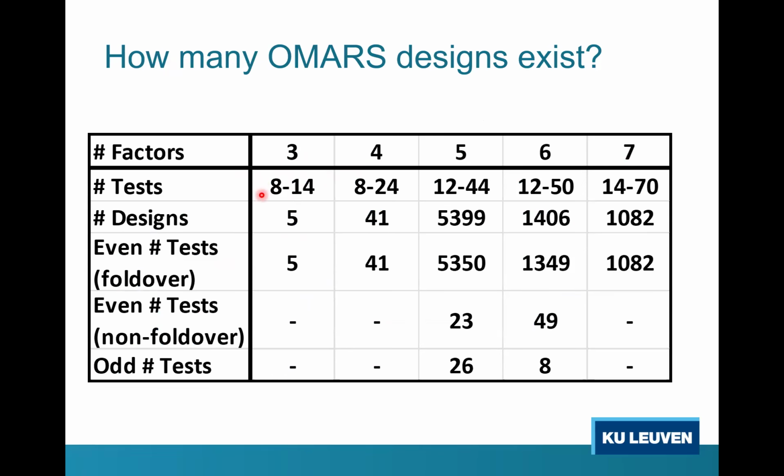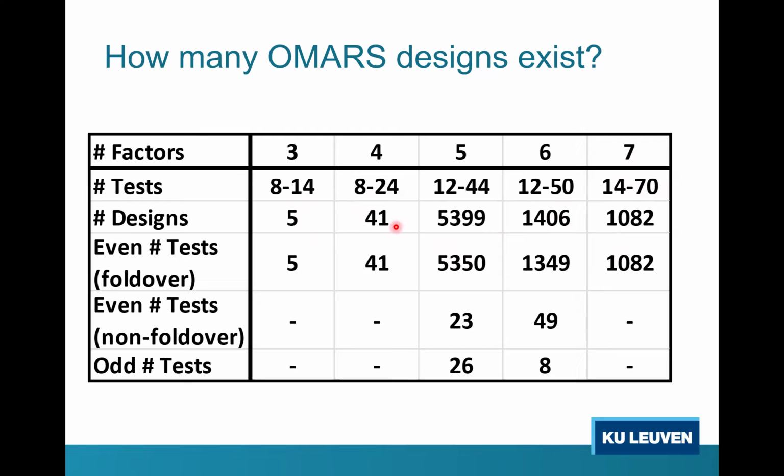And we studied experimental plans with these numbers of tests, 8 to 14 tests for 3 factors, 14 to 70 tests for 7 factors. So that's the kind of things we tried out. And the third line of this table, this particular line shows how many of these uniform precision OMARS designs we discovered at the time.